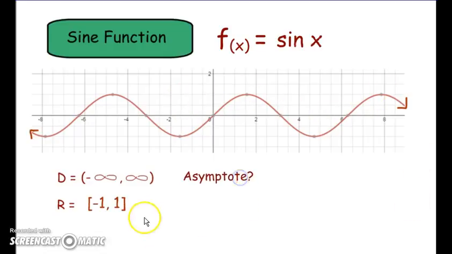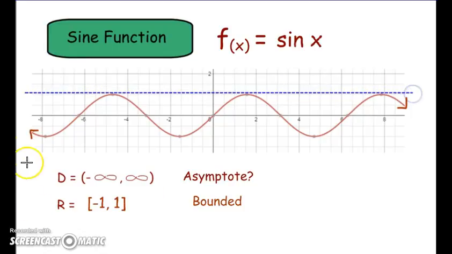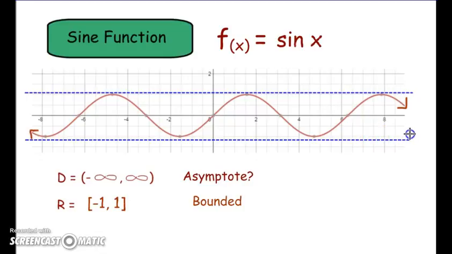This doesn't have an asymptote. This is not asymptotic. It just means that it's going to continue that oscillating pattern. But it does have a new word I'd like to introduce. The function is bounded. It just oscillates back and forth, so it's bounded at the top. It's like it has a ceiling and it has a floor. It just operates entirely between these two boundaries.